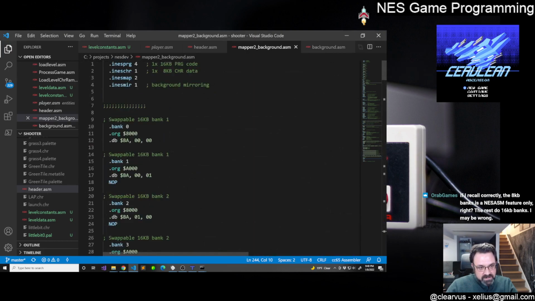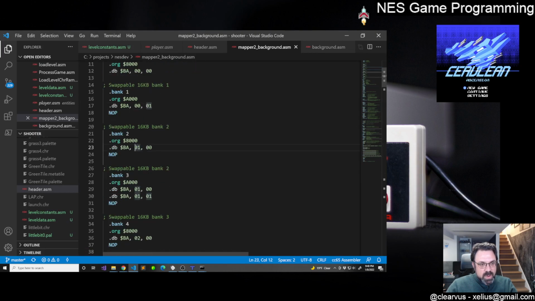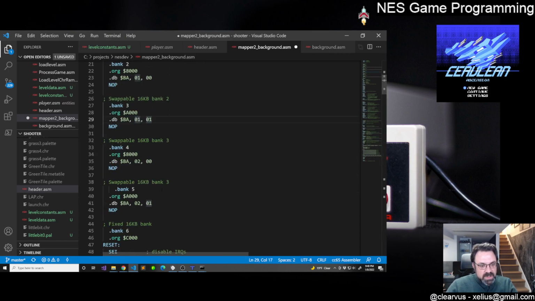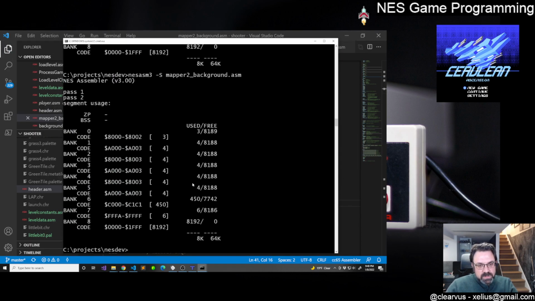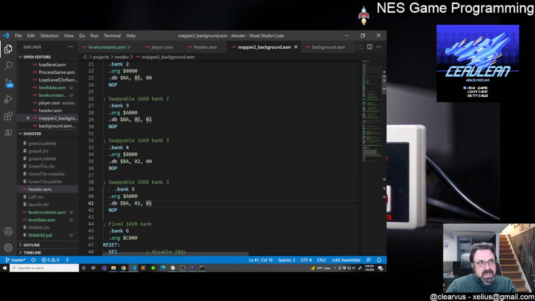I've just written in some control data. I wrote BA for bank, and then it's bank 0, part 0, bank 0, part 1, bank 1, part 0, bank 1, oh, I did it twice here. Bank 1, part 1, bank 2, part 0, bank 2, part 1. So it's just meant to identify easily what I'm looking at in these banks and make sure that it's behaving in the way that I expected.